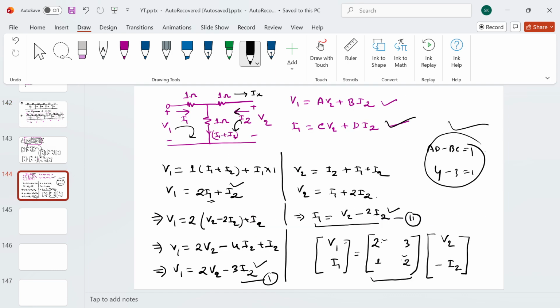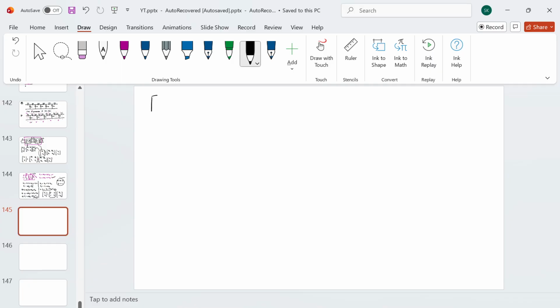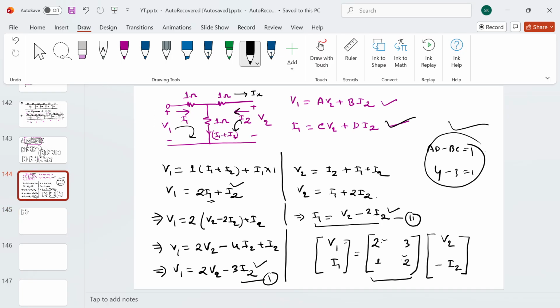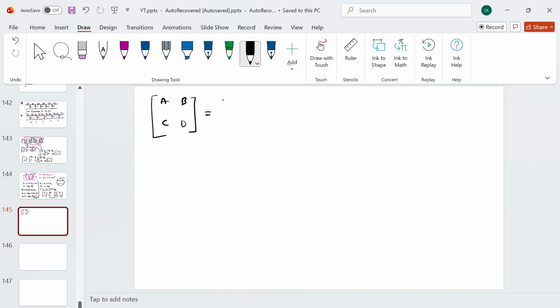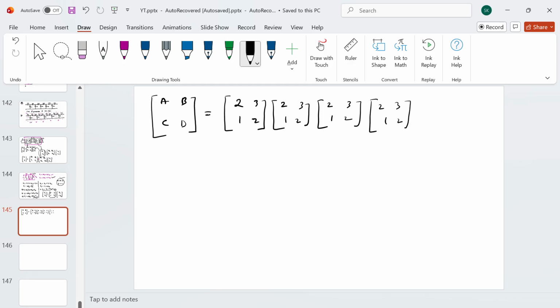So if I calculate the overall ABCD matrix, 2 3 1 2, 2 3 1 2, that will appear 5 times. Okay.